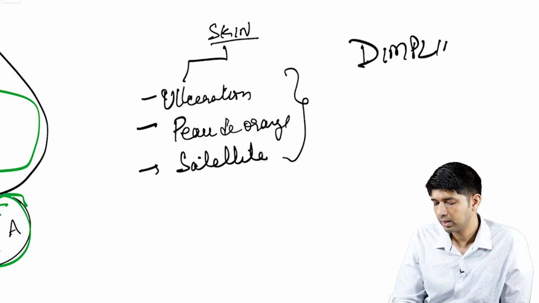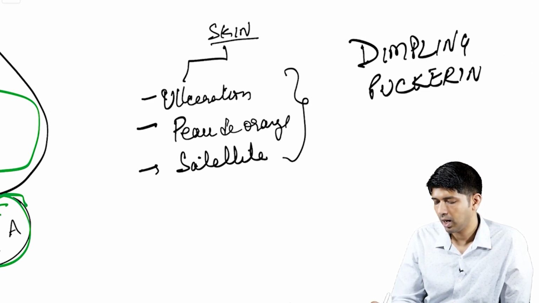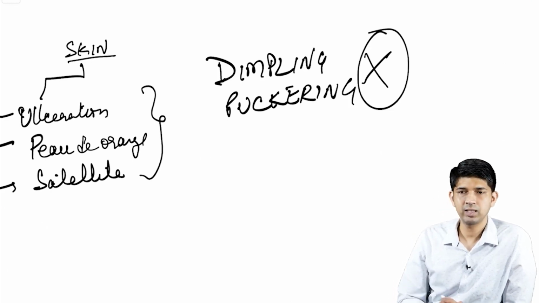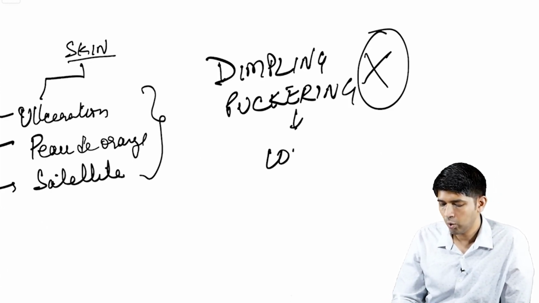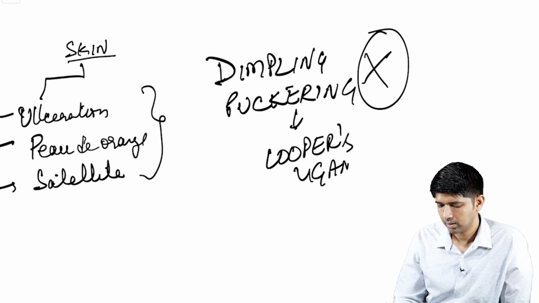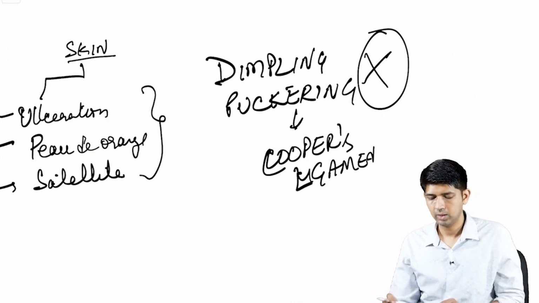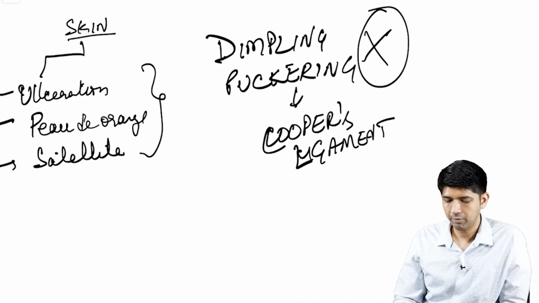Dimpling, puckering are not skin involvement, and we have discussed this. This is because of involvement of the Cooper's ligament, not the skin. Okay, so I hope this is clarified.